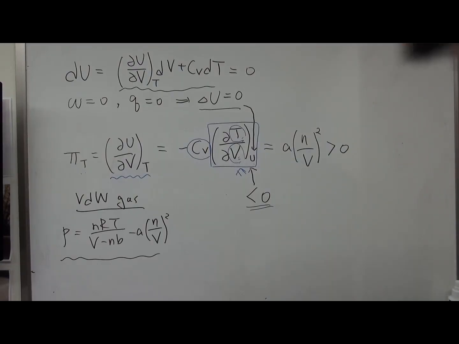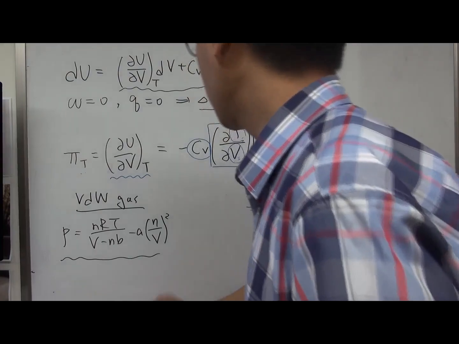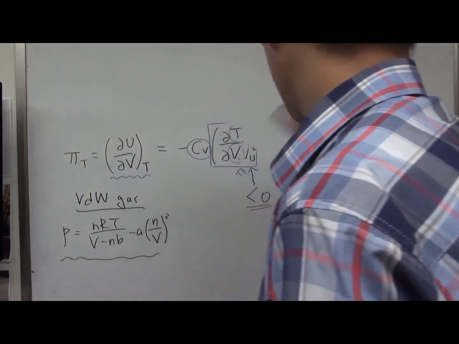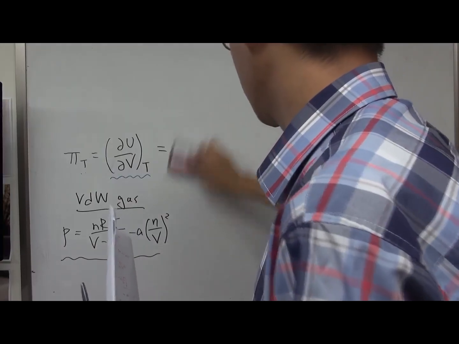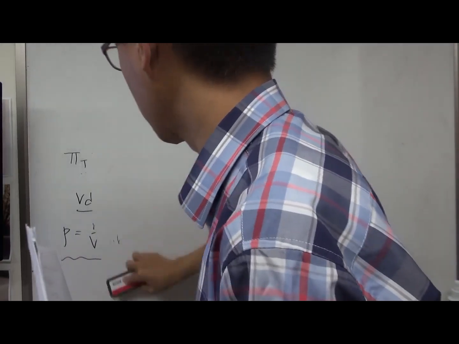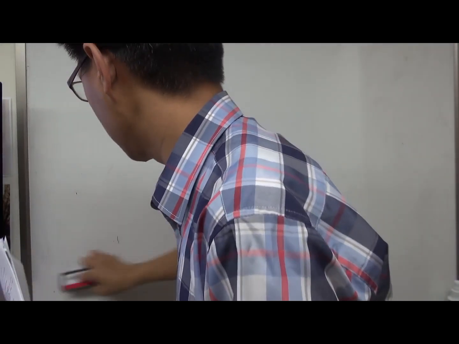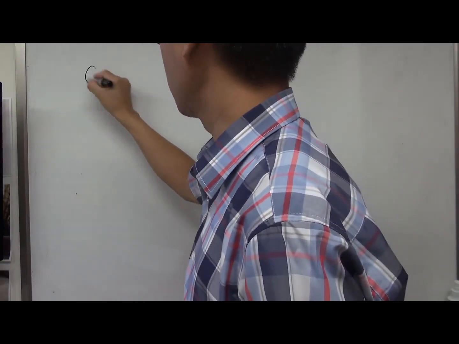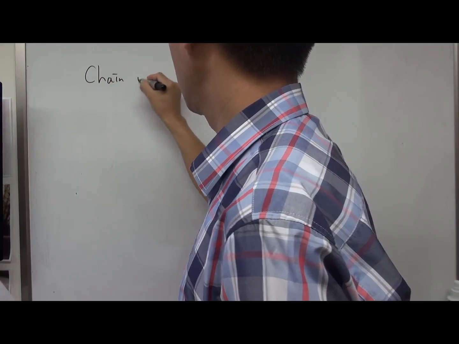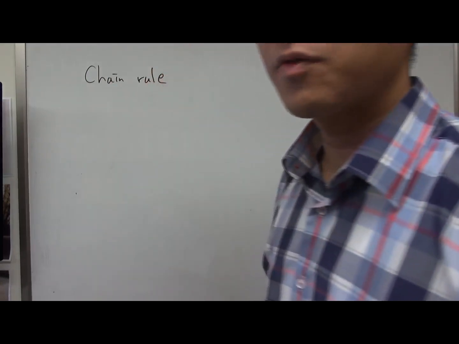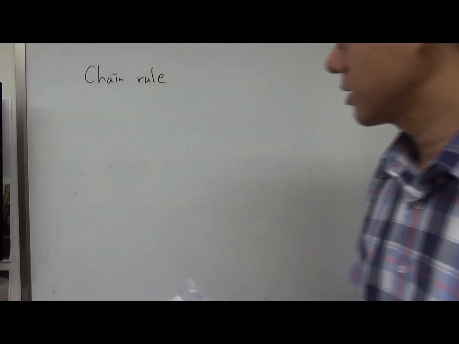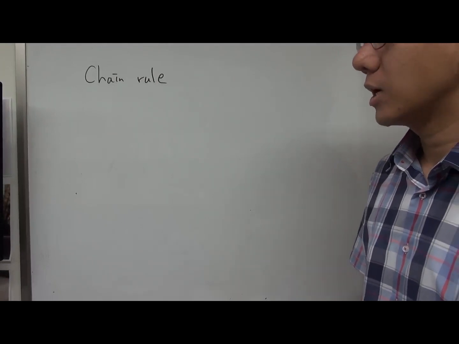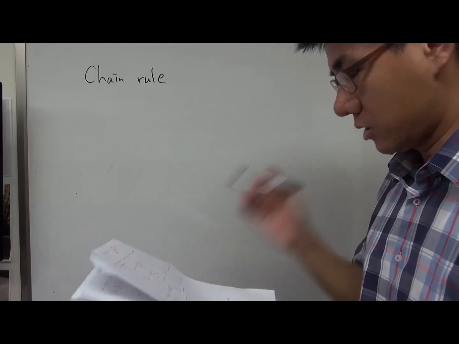All right. Actually, there is another way to get this expression instead of using total derivative. It's a mathematical way. It's actually using chain rule. You might remember this from mathematics class. Using chain rule, you can also get the same expression.